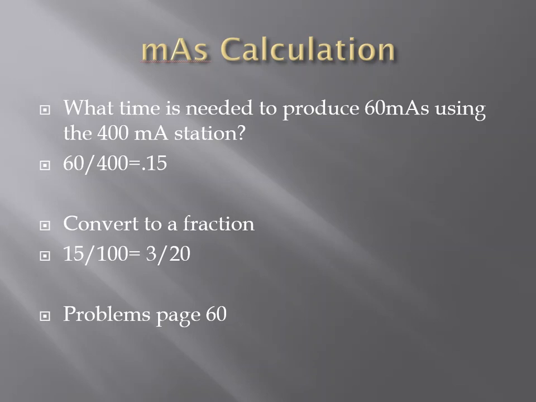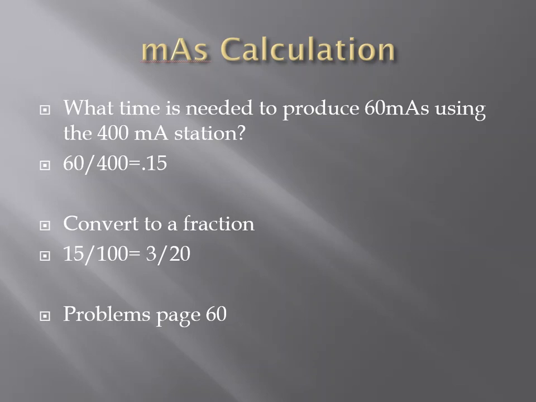So if you have your textbook, you want to look at page 60, and some of the problems on here we'll want to take a look at. On page 60, number 2, for example, you have 600 MA at 1/30th of a second, and the question is, what is your mass value there? Fundamentally, again, what you would do is multiply 600 by 1/30th.